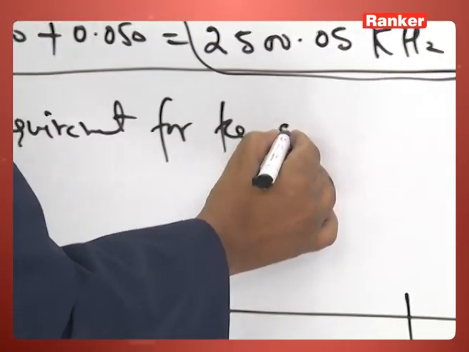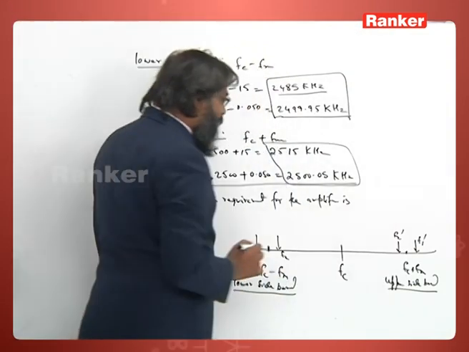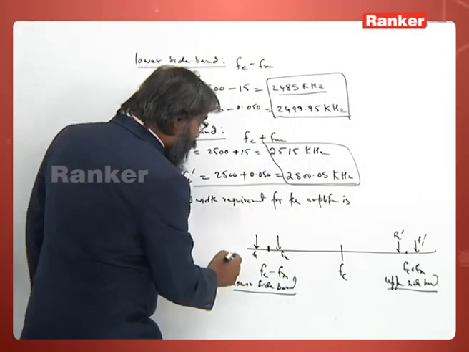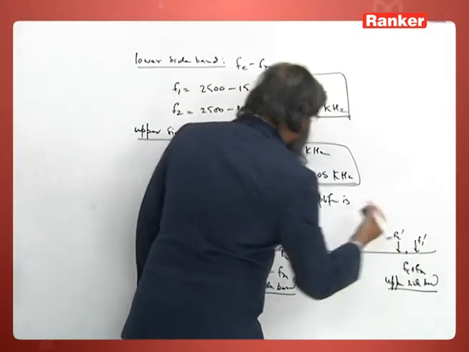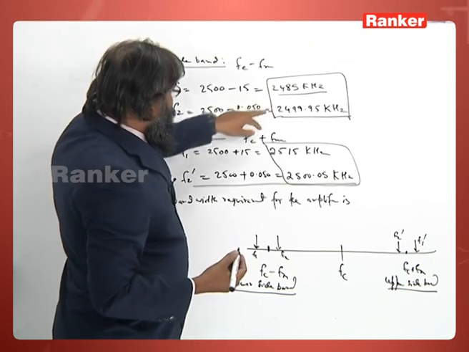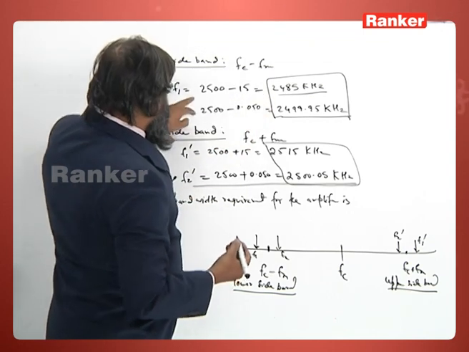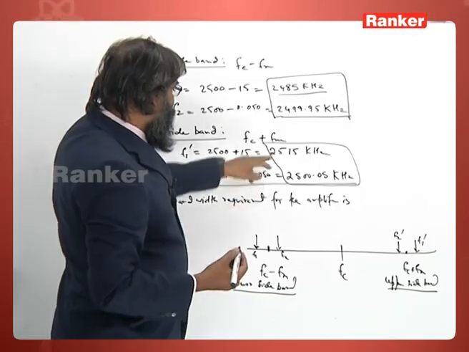for the amplifier is, you see, the amplifier must be able to pick up this F1 and F1 dash. That is, F1 is this, F1 already I have written minus 15, this and this.